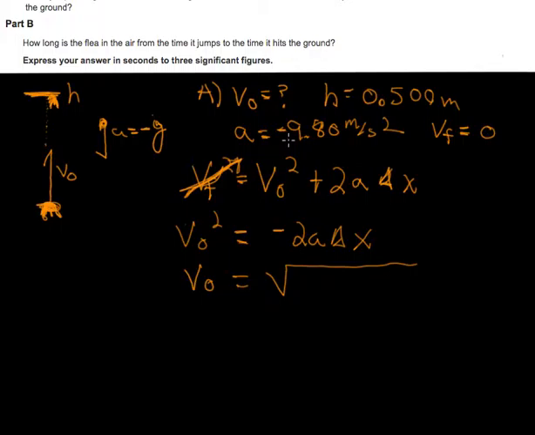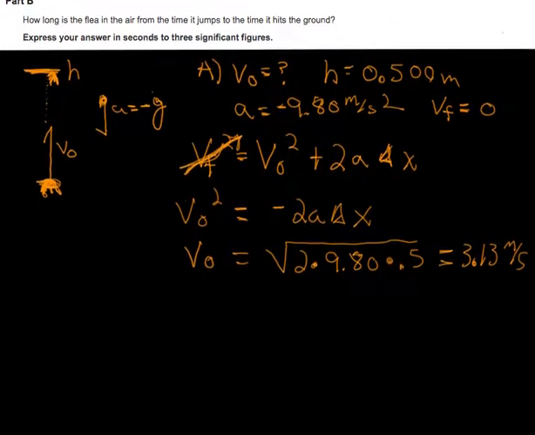And negative times a negative is a positive, so 2 times 9.80 times 0.5, square root, which equals 3.13 meters per second. So that kinematic equation worked well.